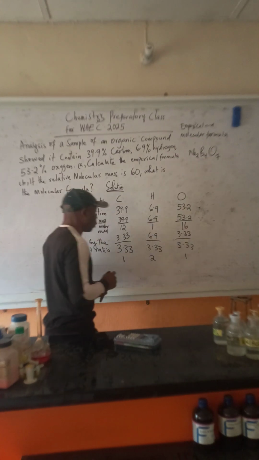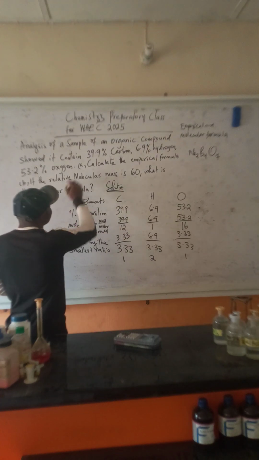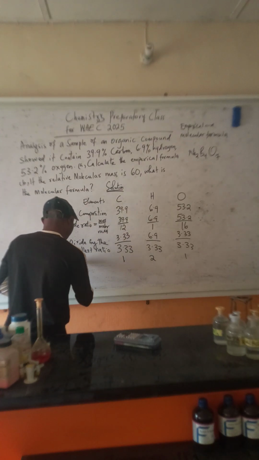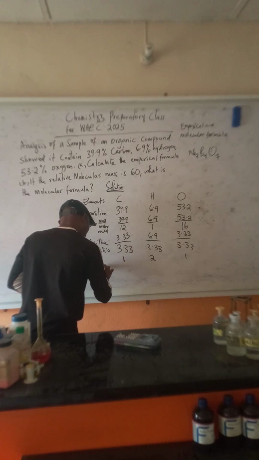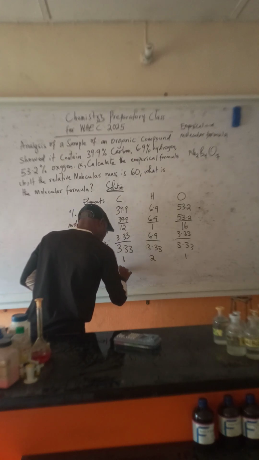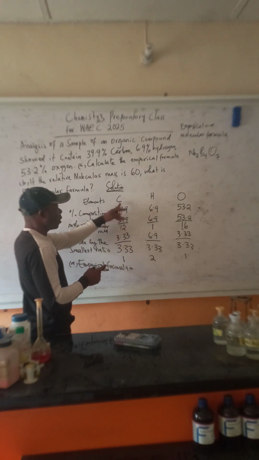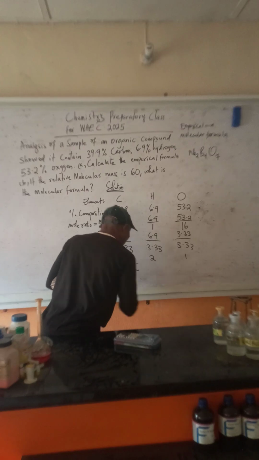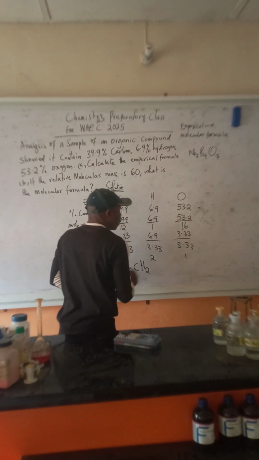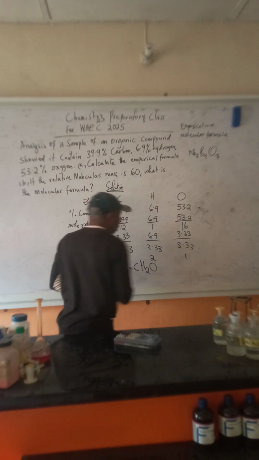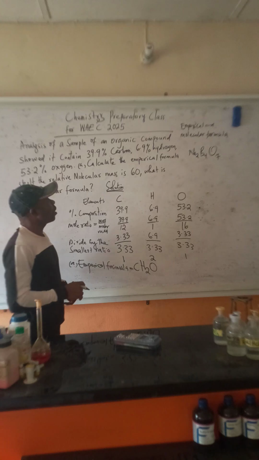And here we also get 1. Now it means that A, the empirical formula of this compound, is C times 1, which is C, H times 2, which is H2, then O times 1, which is O. We have CH2O as the empirical formula.